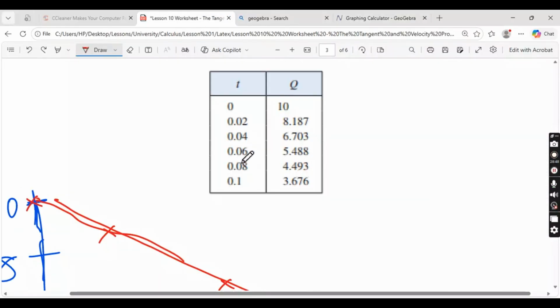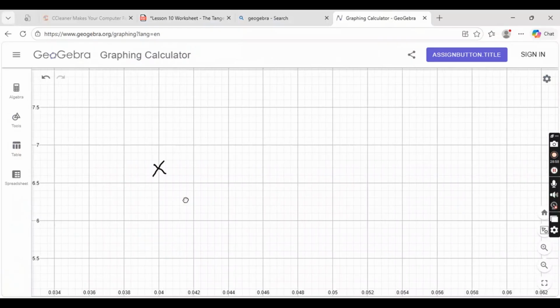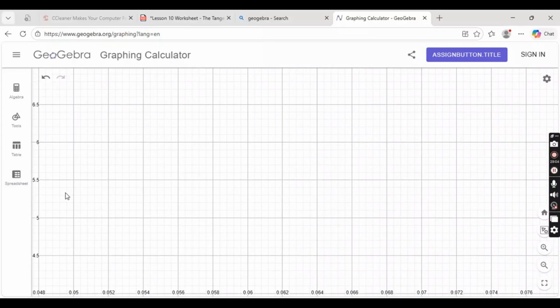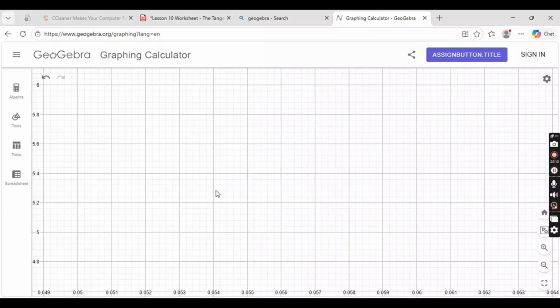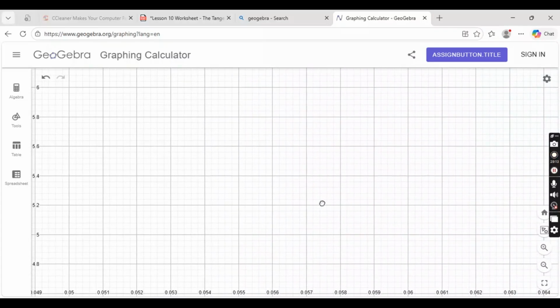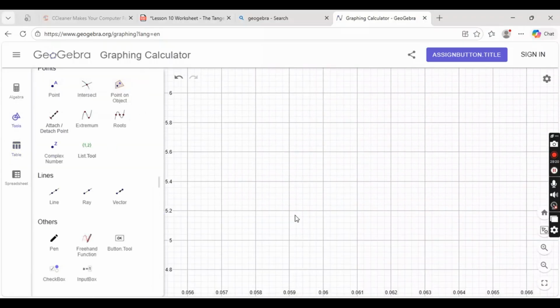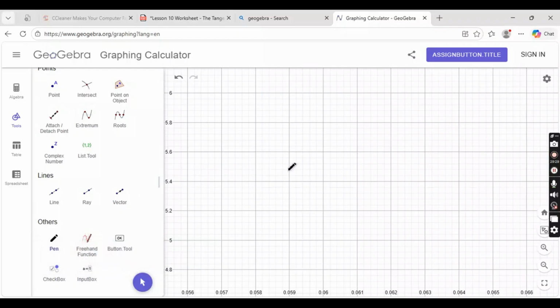What's next? 0.6, 0.6 and 5.488. 0.6, 5.4. 5.4 here with 5.5. So it should be here.